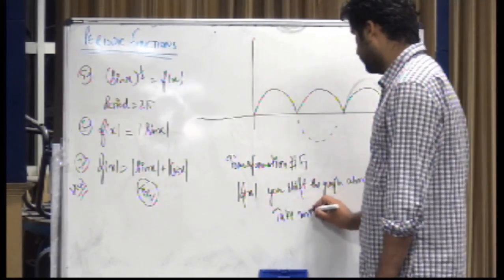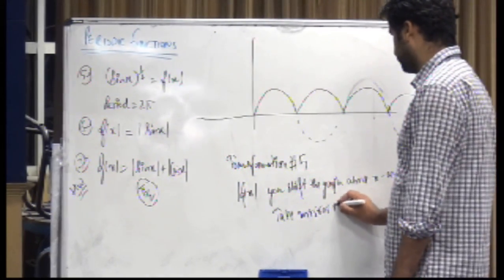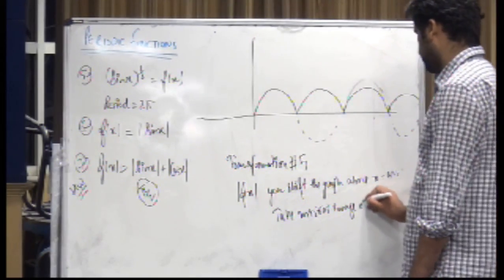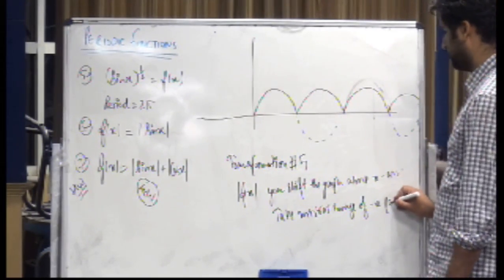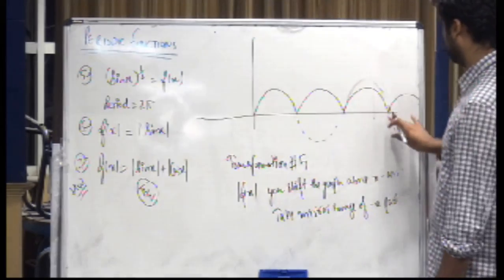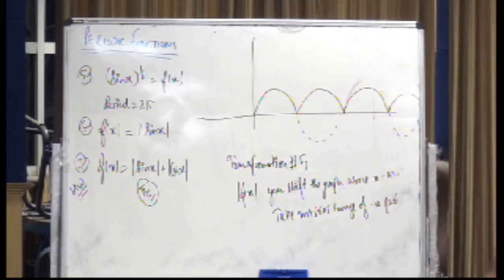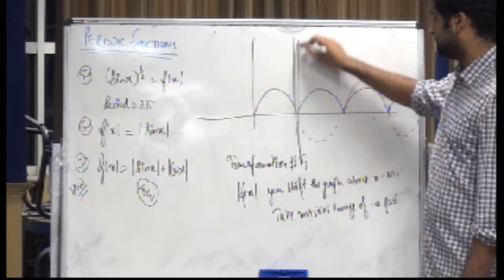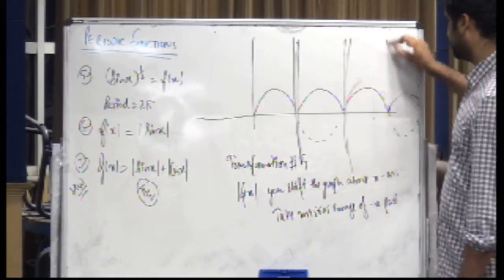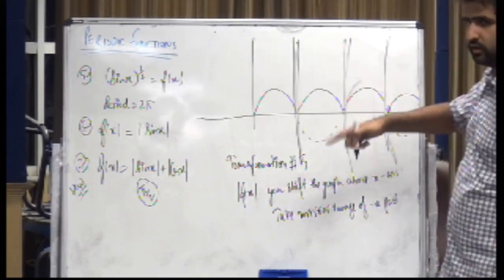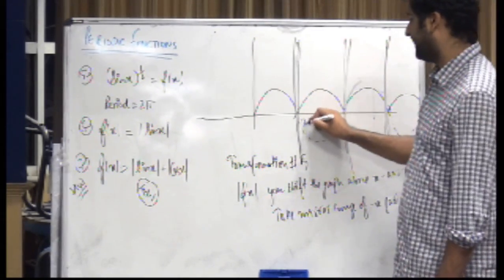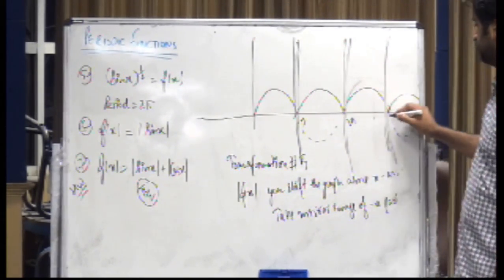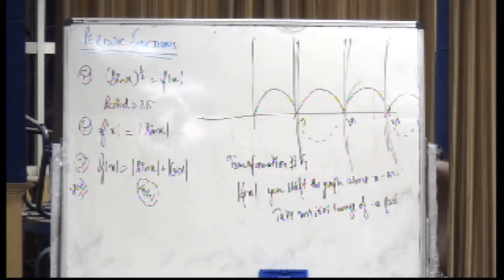Take the mirror image of the negative part. So this will be the final graph, going like this. So what is the period? This is the interval after which it is repeating itself, and this part is pi. So the period here will be equal to pi.